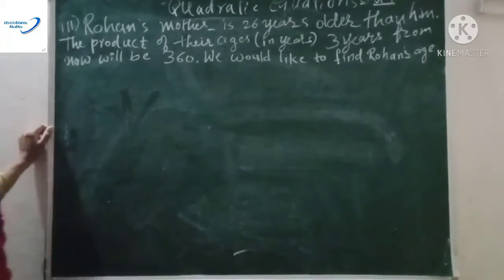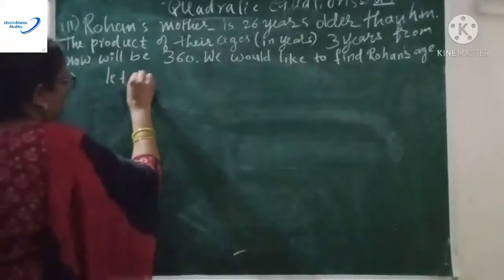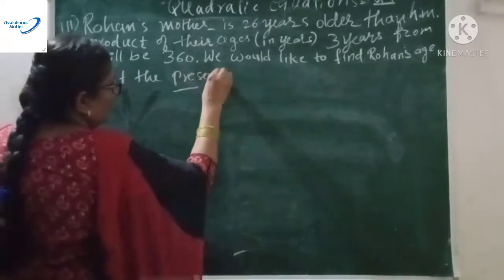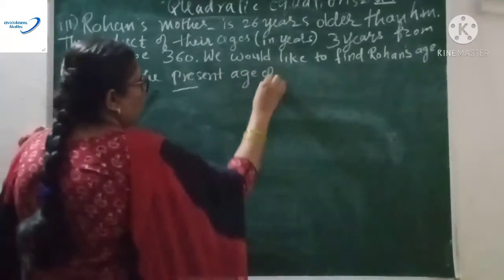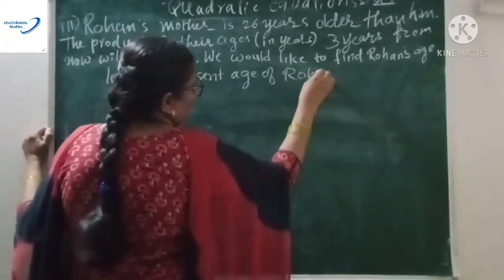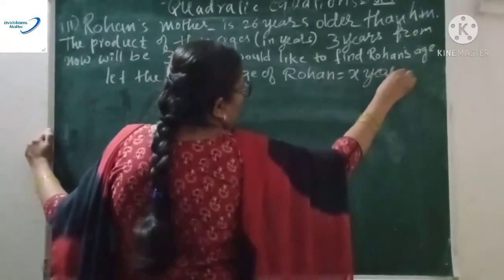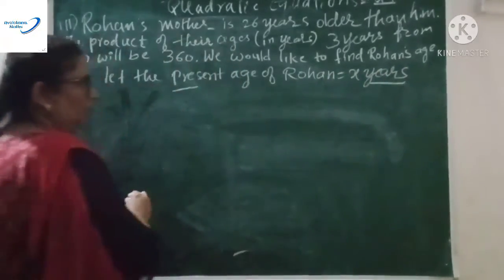Continue. So now, you write this one, it is important: the present age of Rohan we are taking as x years. Better to write this always. Be careful.